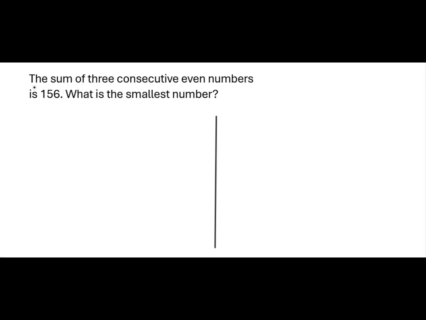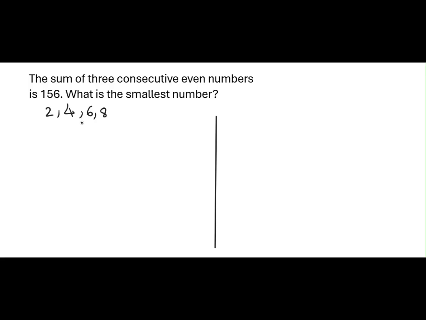Now here the given statement is the sum of three consecutive even numbers is 156. What is the smallest number? Now here we don't have to find three numbers, we just have to find the smallest number. Now if we consider three consecutive even numbers, they are like 2, 4, 6, 8.